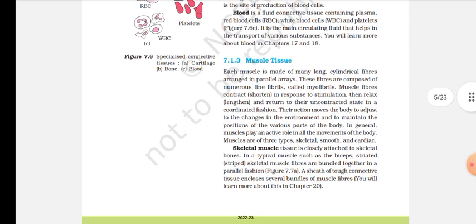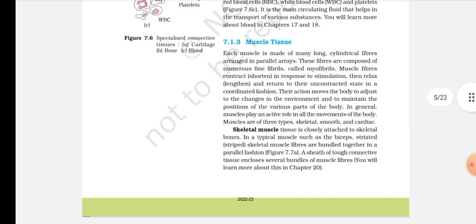Their action moves the body to adjust to changes in the environment and to maintain the position of the various parts of the body. In general, muscles play an active role in all the movement of the body. Muscles are of three types: skeletal, smooth, and cardiac.